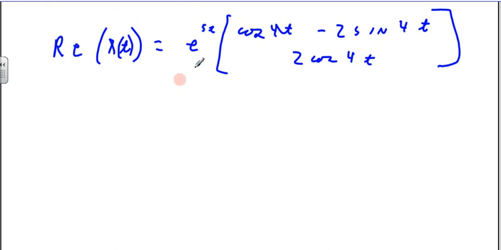And then I'm going to put down the imaginary part of x of t. And I'm going to have e to the 5t.